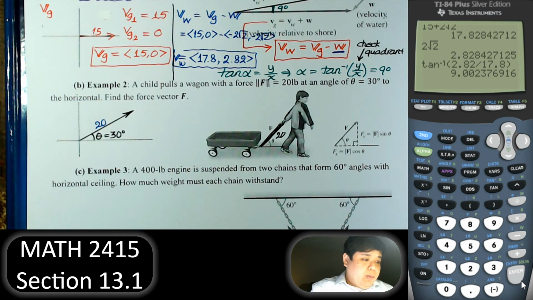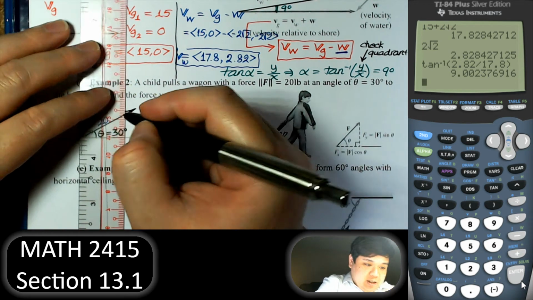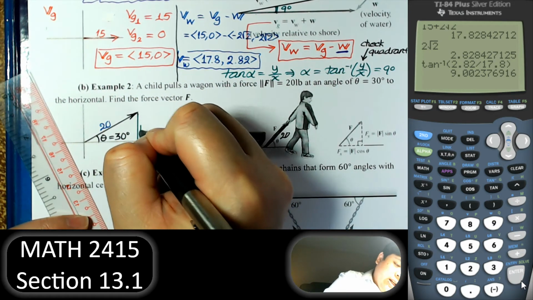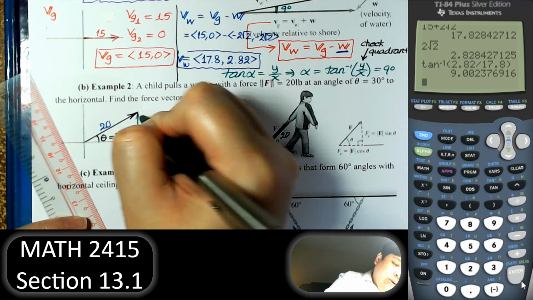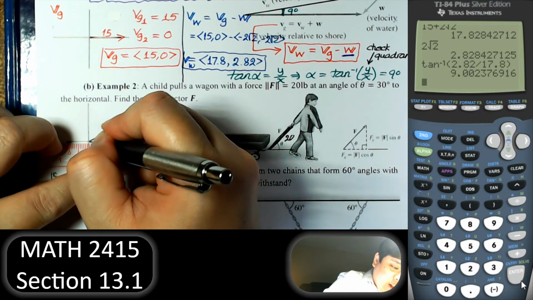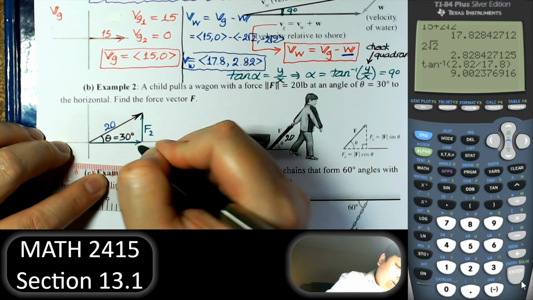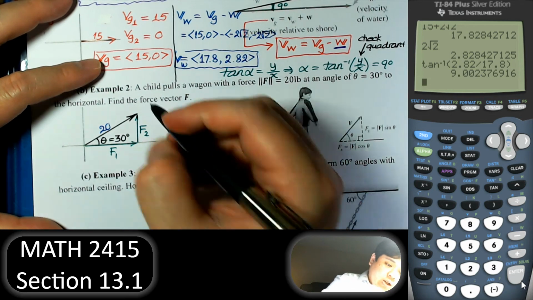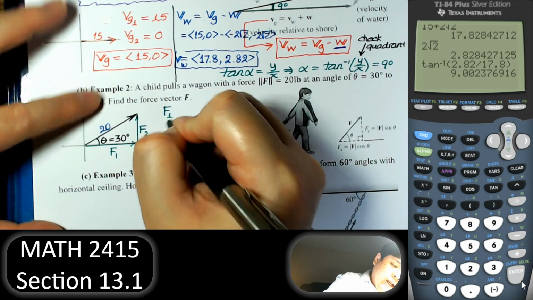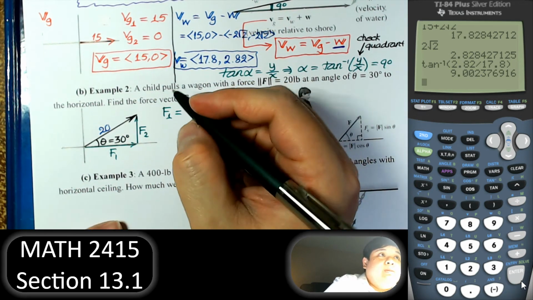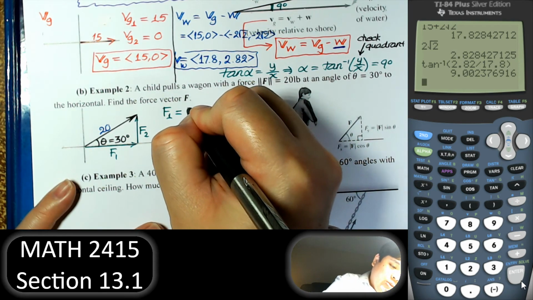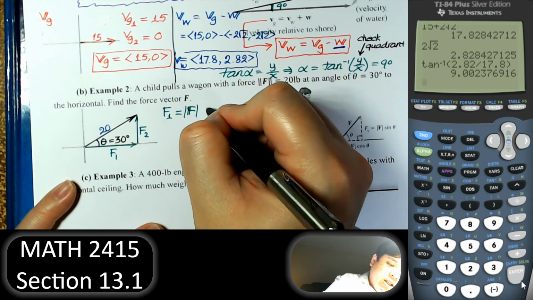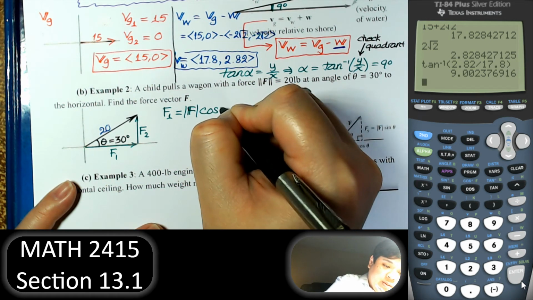So in that case, we'll decompose that into two components, the vertical component and the horizontal component. The horizontal component is adjacent to the angle. Adjacent is cosine, so it is the magnitude of the force times cosine, because that is adjacent.